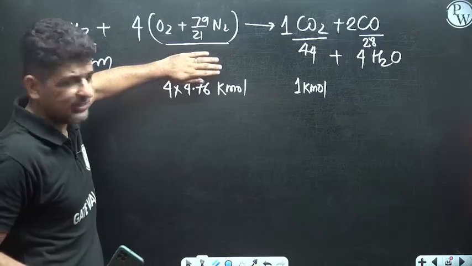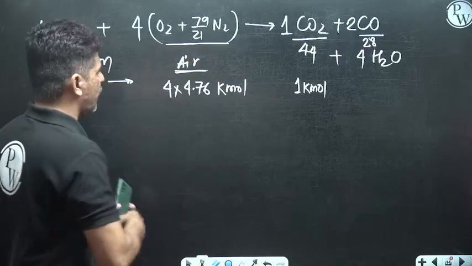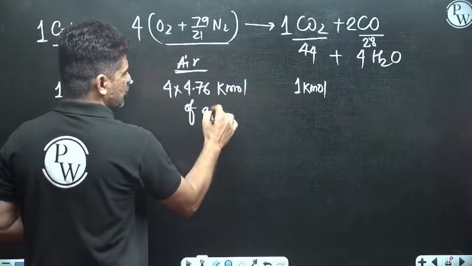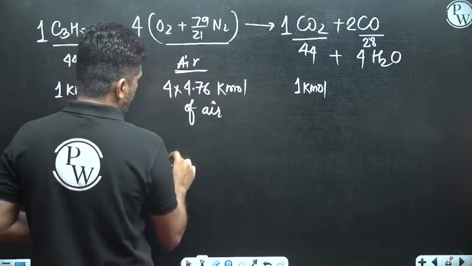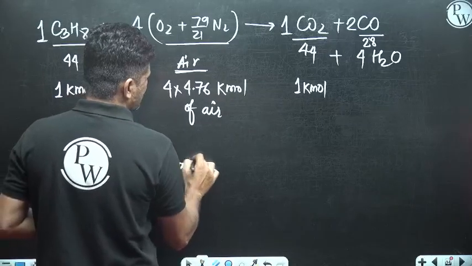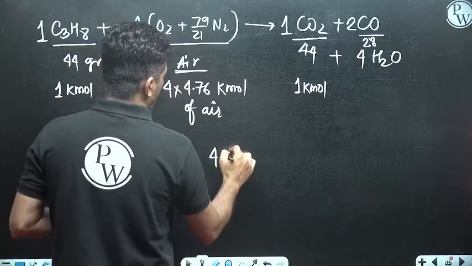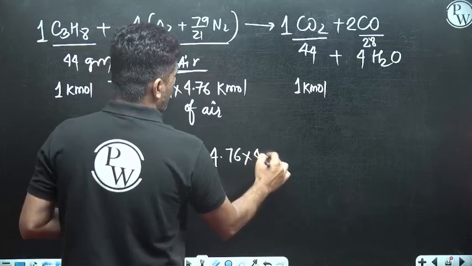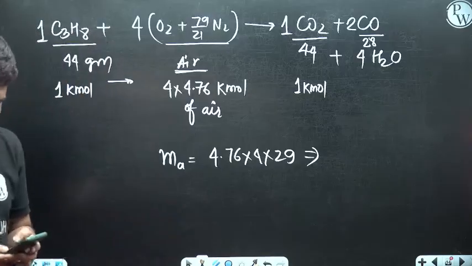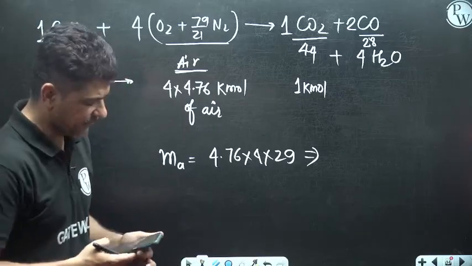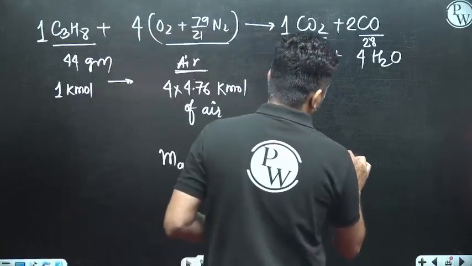So this is the kilomole of air that will be used. So the mass of air will be equal to 4.76 multiplied by 4 multiplied by 29. So 116 multiplied by 4.76, this will be 552 kg.